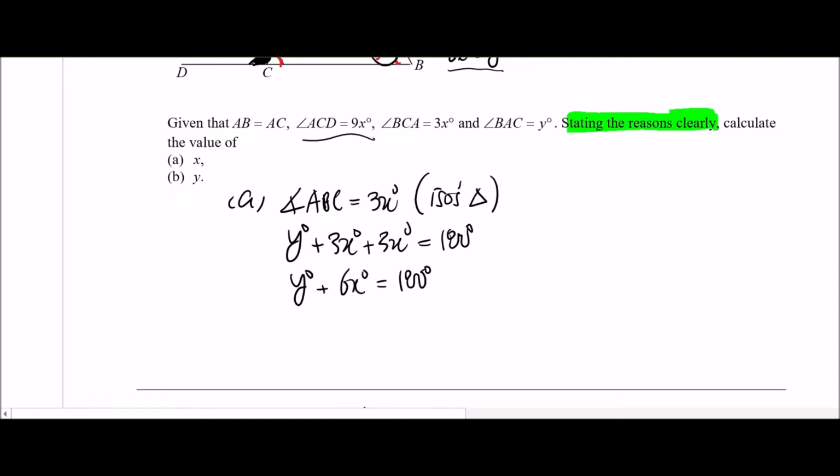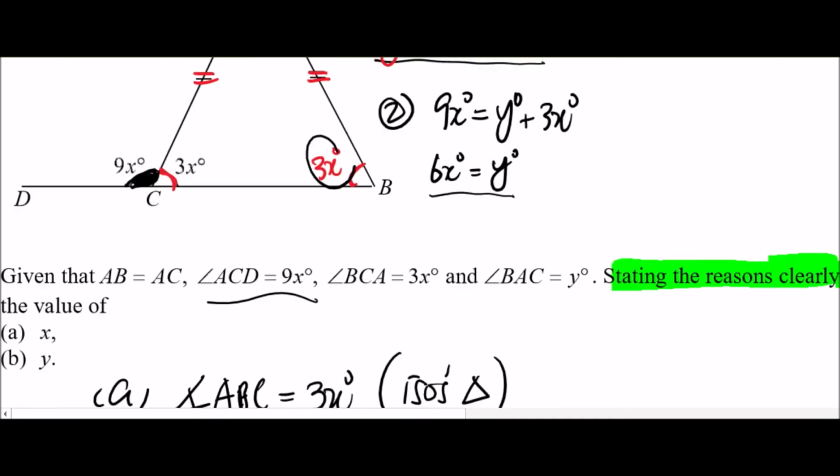Alright, so you realize that it's a bit difficult for us because here we have two unknowns in the same equation. Now, as a rule of thumb, if I have two unknowns, I need two different equations concerning these two unknowns in order for me to solve for their values. So we need two equations here. We have one equation here. Which one is the other second equation? Actually, we have it already over here.